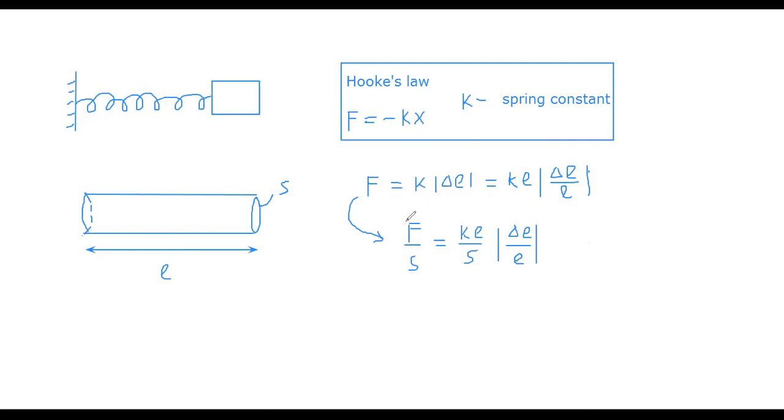There are some notations. This is equal to sigma, and this is equal to epsilon. So we can write Hooke's law in this form.